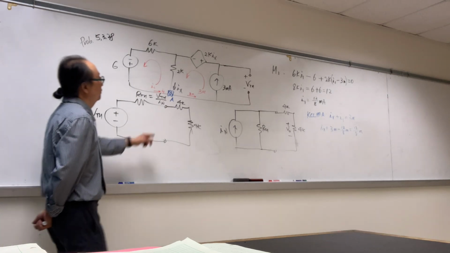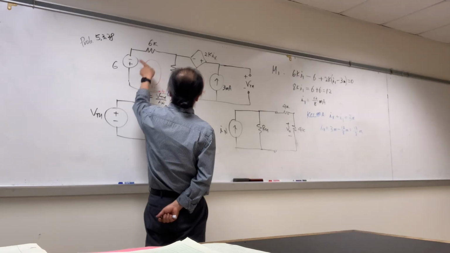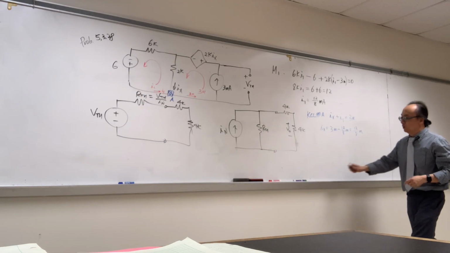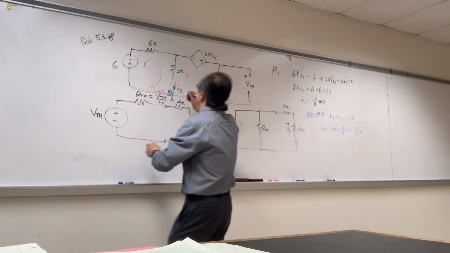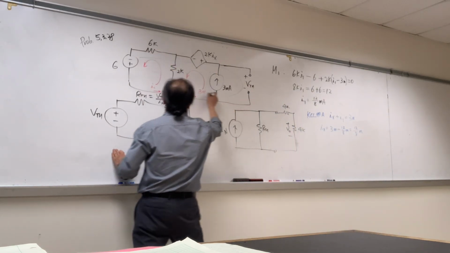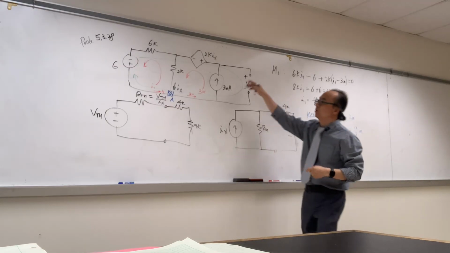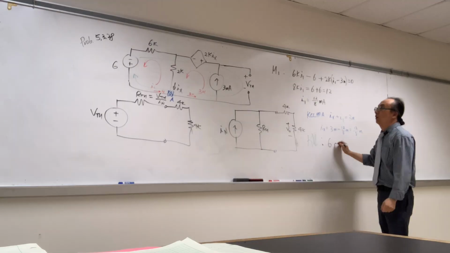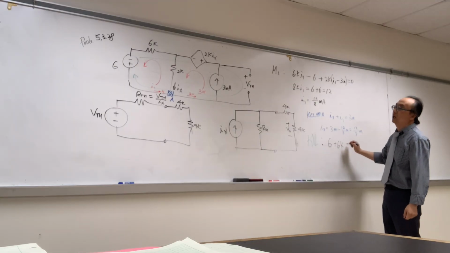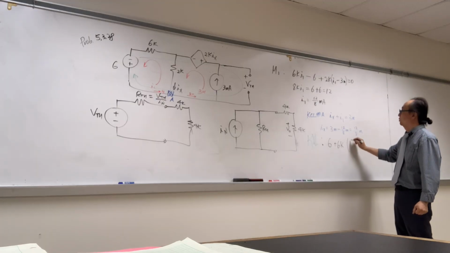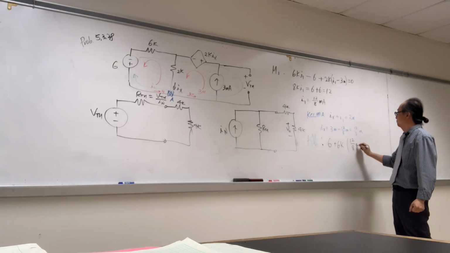Now what? So we found I sub 1, we found I sub X. Let's do KVL on the outer loop. Entering the positive terminal, plus 6K times I sub 1, which is 12 over 8 milli.